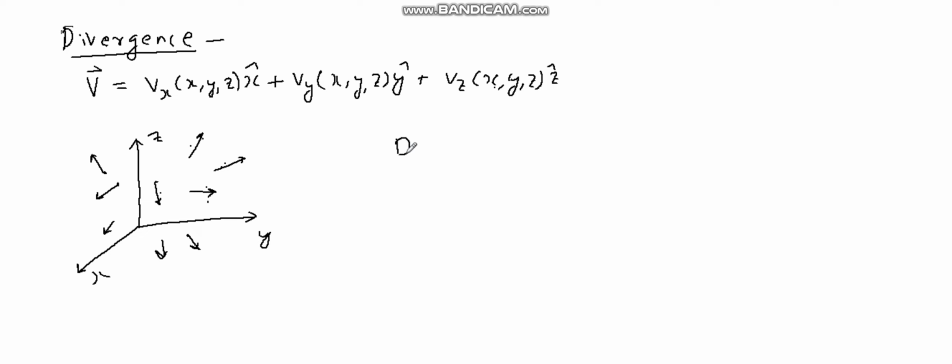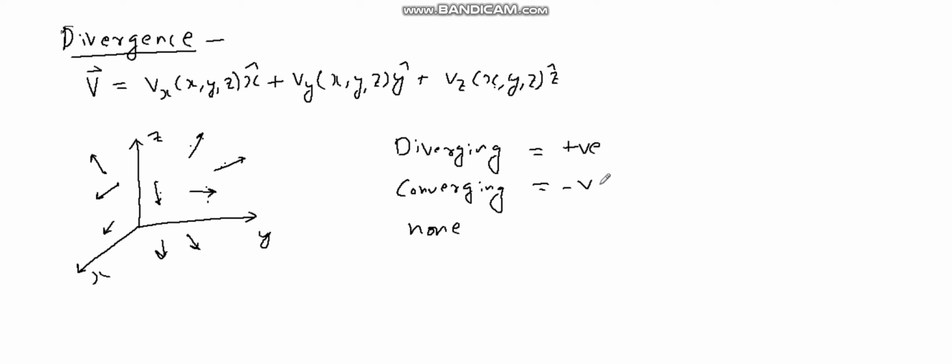These vector field lines are either diverging, converging, or none. In the case of diverging, the value of the divergence, which I'm going to tell you how to calculate, is going to be positive. Okay, and for converging it is going to be negative, and for the none of the above case it is going to be 0. Okay.